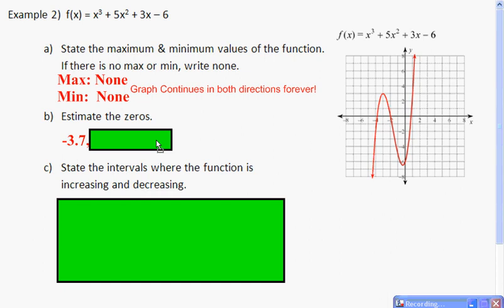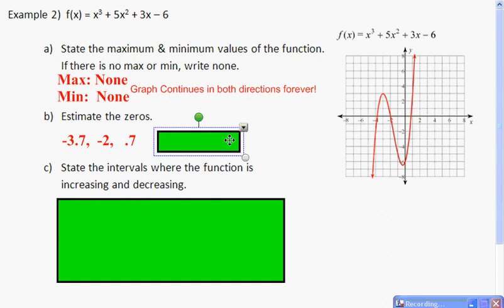You know it's slightly higher than halfway, so -3.7 would work. Your next intercept at -2. Finally, your third intercept, note that it is just short of 1, but slightly higher than 0.5, so 0.7. Again, those are estimates, just a ballpark.